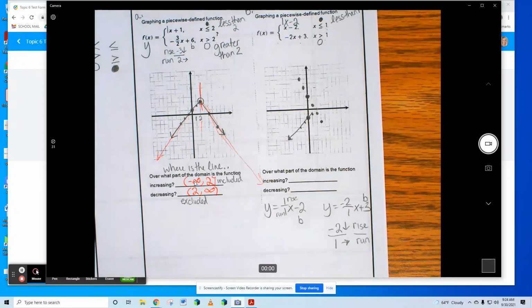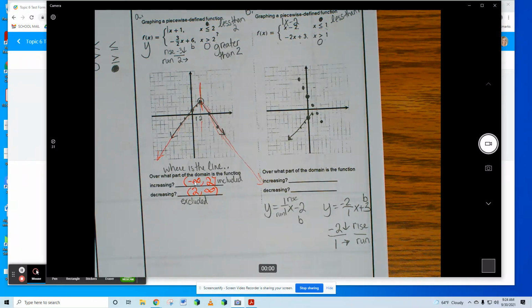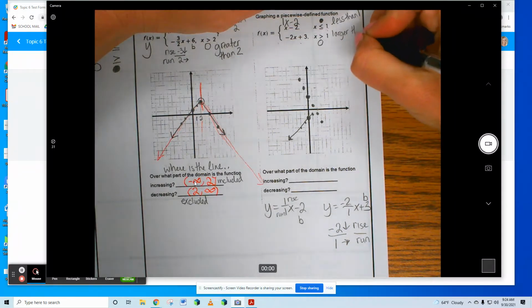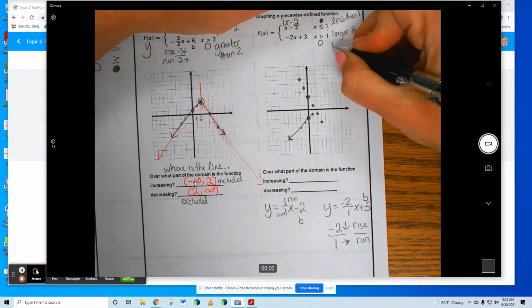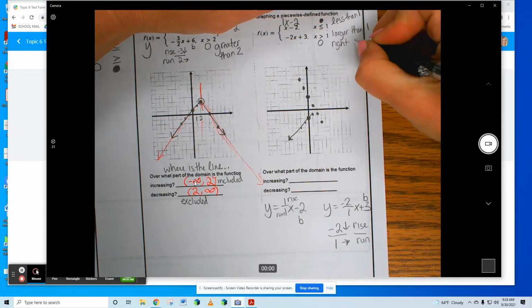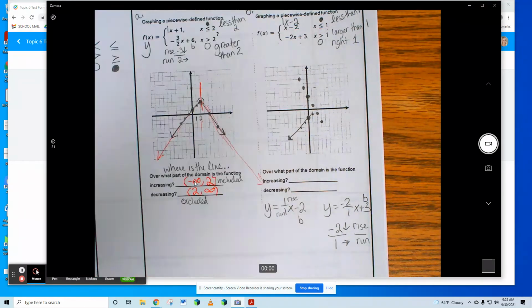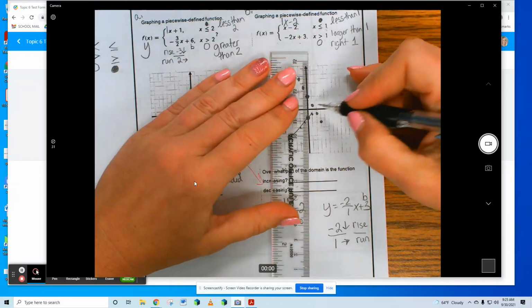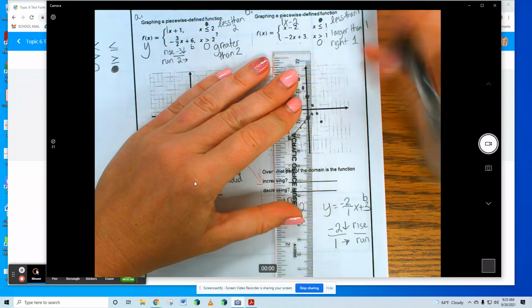Now, before I connect my dots, I need to look at my restrictions. My restriction says that I want x to be greater than 1. So I only care about the line larger than 1. That means to the right of 1. So I look at my dots. Here's positive 1 on my x-axis. Oh, and it's an open circle.